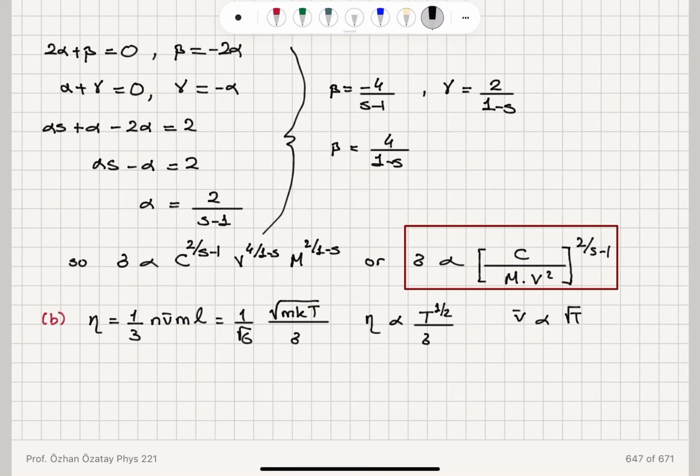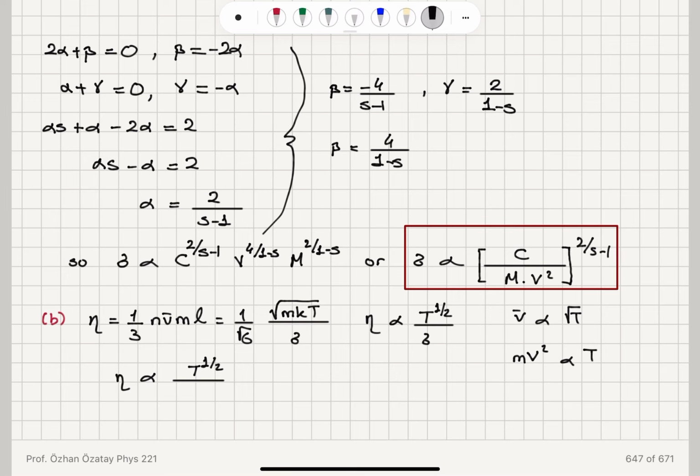And now we have found that the coefficient of viscosity varies as T to the power 1/2 divided by sigma, but for sigma here we have C over m v squared, and for m v squared we can say that this is proportional to T using the equipartition theorem.